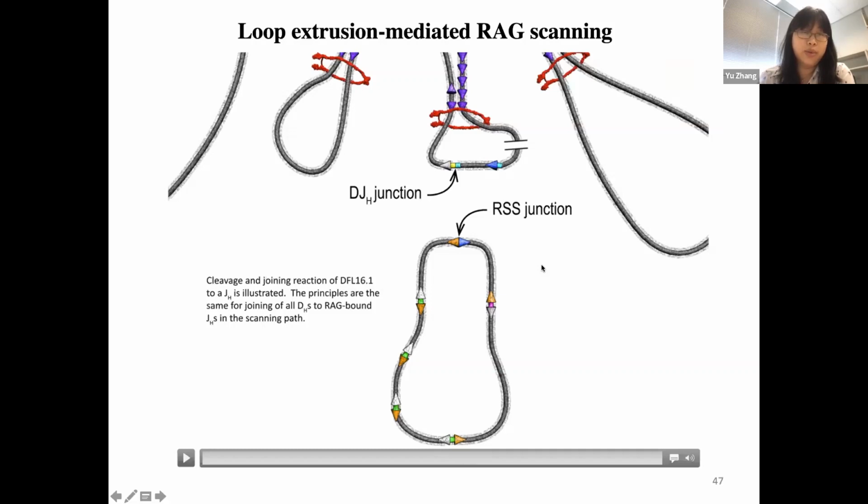And then further loop extrusion mediates the synapsis of the acceptor switch region with this recombination center, and also activates the transcription activity of this acceptor switch region. And now this forms a full recombination center.